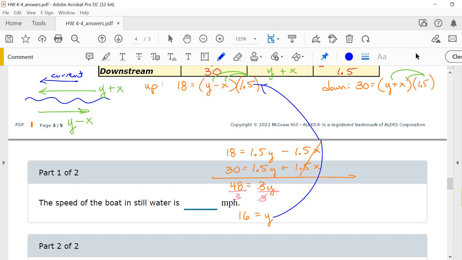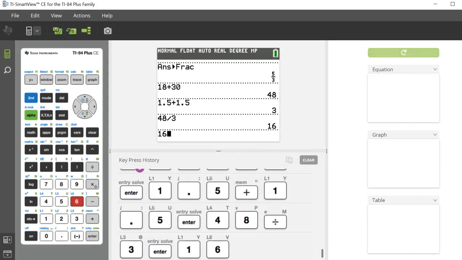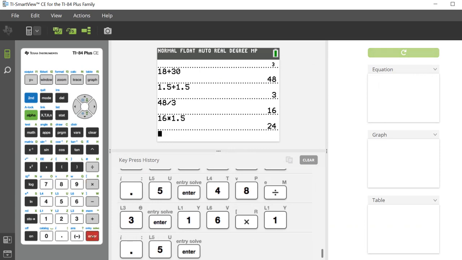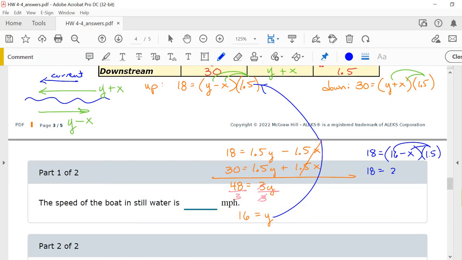Okay, so I get 18 equals y, which is 16 minus x, times 1.5. So 18 equals, when I distribute, 16 times 1.5 is 24 minus 1.5x.